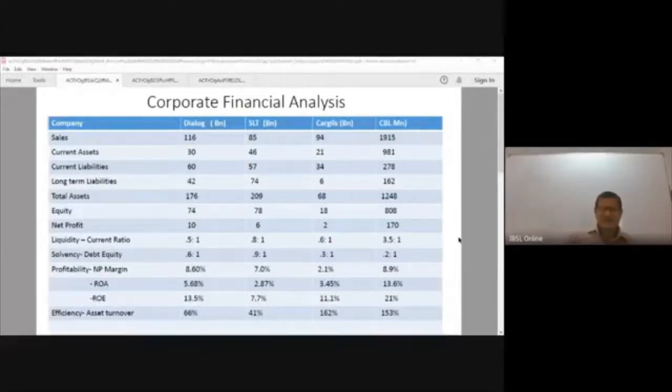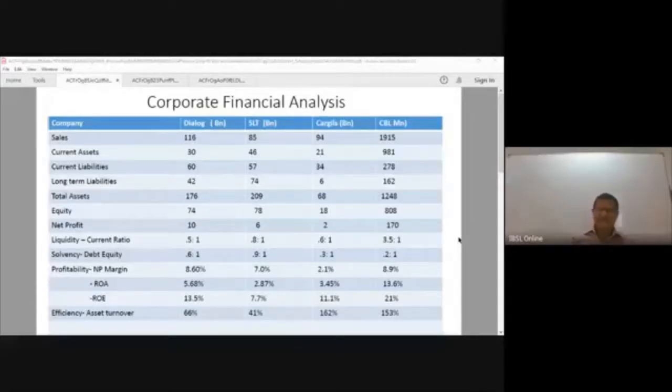So asset turnover is you have sales, you divide by your total assets. Where Dialog is concerned, they have 116 billion in sales and total assets of 176. That will give 66%.